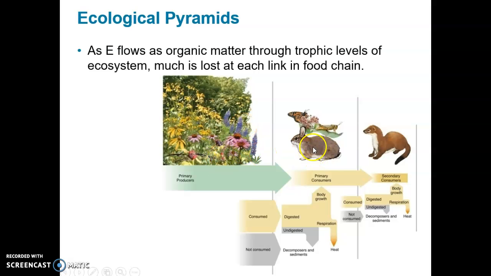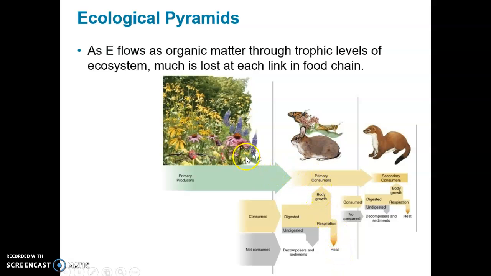For example, primary consumers, herbivores, the amount of plant biomass that they consume is not converted directly into biomass in those organisms. Some of the material is not digested and they poop it out, right? Defecation. When they do cellular respiration, some of the energy is lost as heat.